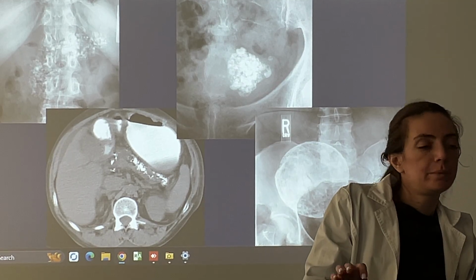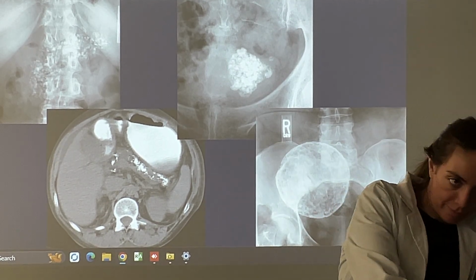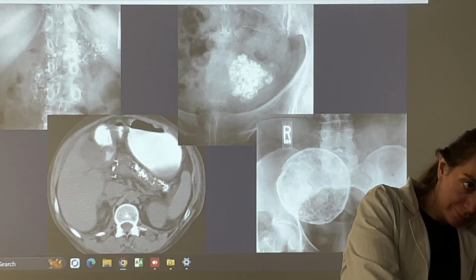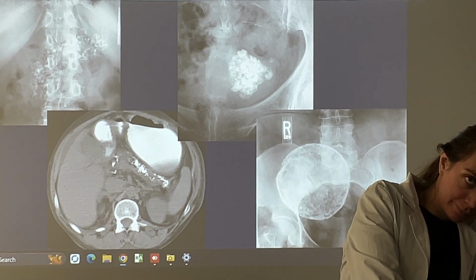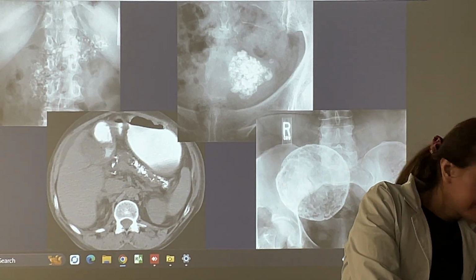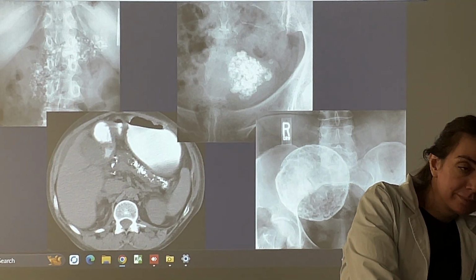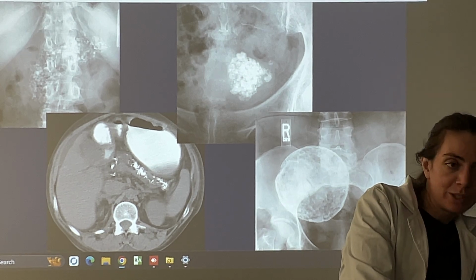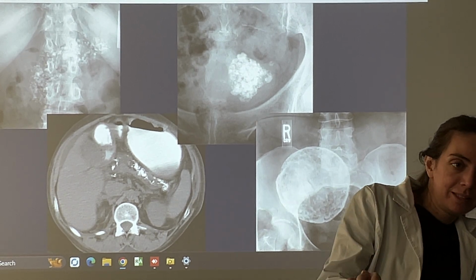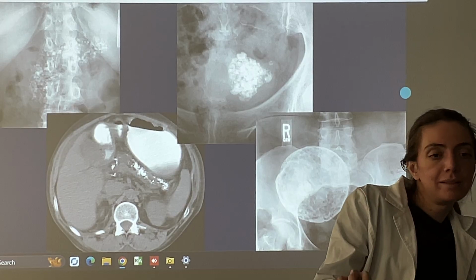On the CT image, what can you see? That is the liver, and in front of the liver... Pancreas. On this one, this is popcorn, I guess. See this pancreas?